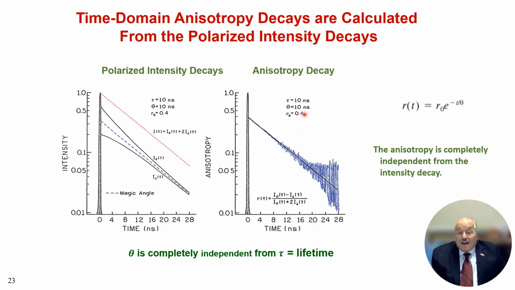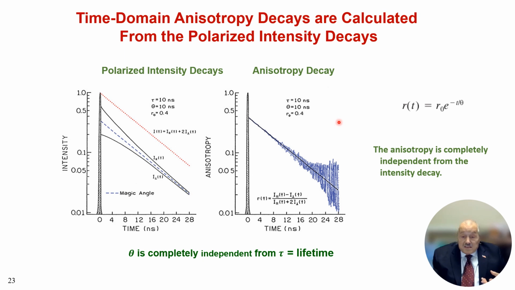The first slide on the measurement of anisotropy decays made it look like it was easier than it is. So what do the time resolved data actually look like? As I stated once before, we do not have an anisotropy detector. The only way we can measure an anisotropy is by measuring a difference of intensities.